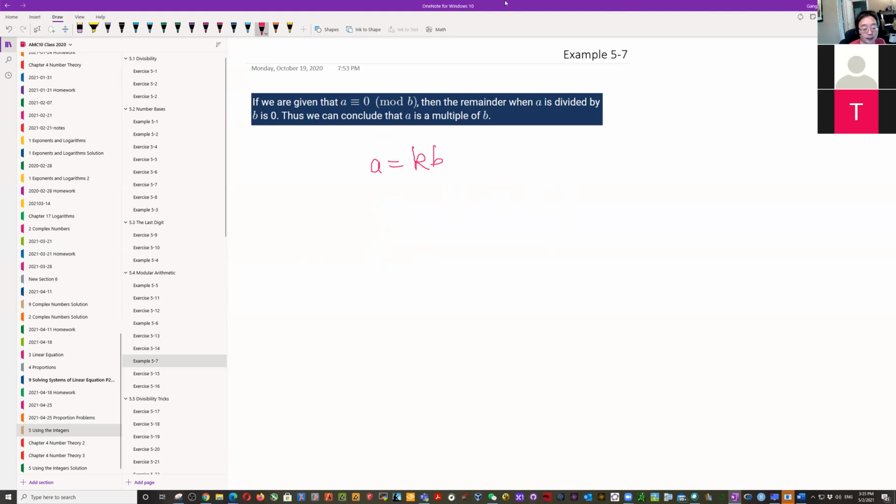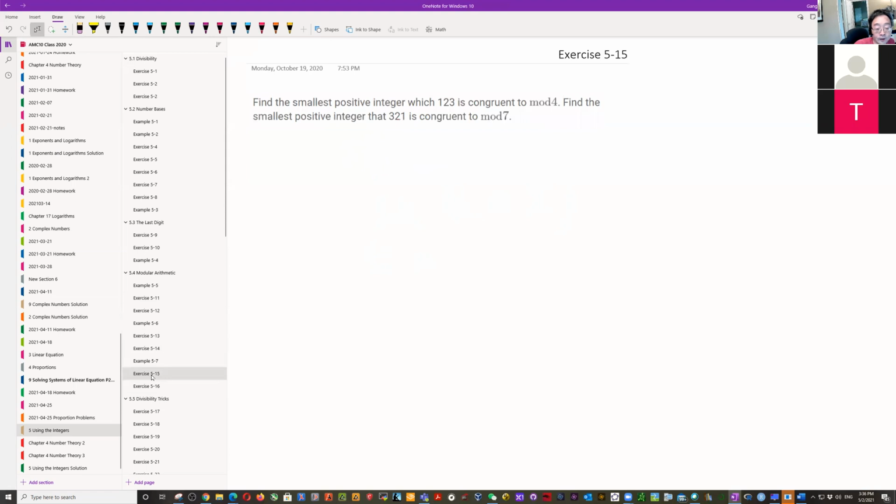So basically that's a multiple. Those two things are totally equivalent. And that is why modular math and modular science is a very valuable tool in dealing with this type of problem.